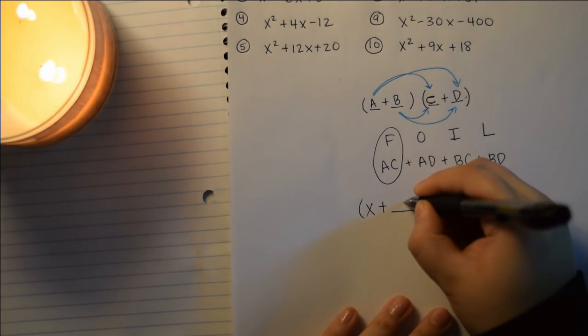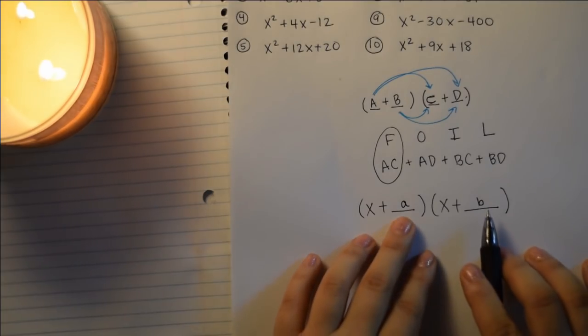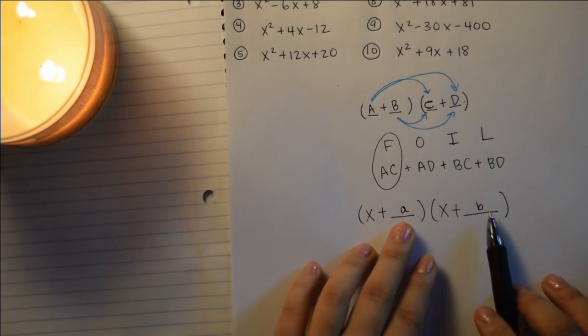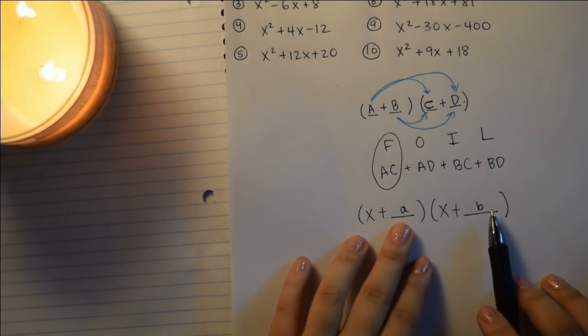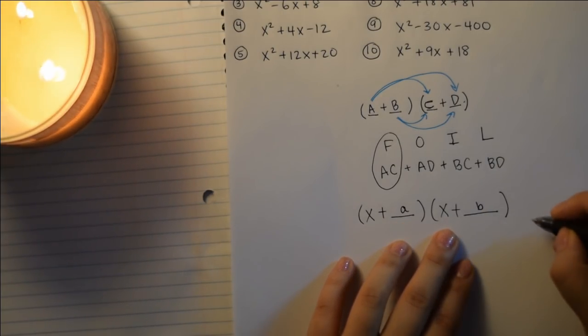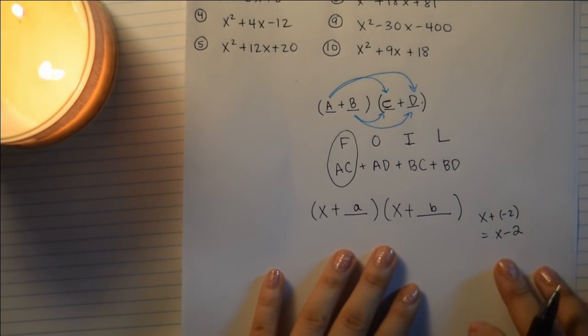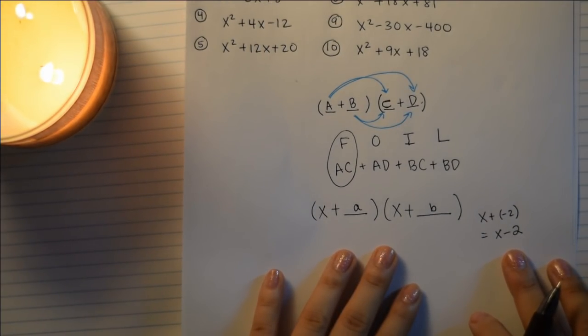So let's say I put this as a and b. That's what we're looking for. And notice that if a or b are negative, that's okay. That's going to just make us have a factor of, you know, x plus negative 2 is equal to x minus 2. The plus minus 2 makes it minus 2. This is where math just keeps building on itself.